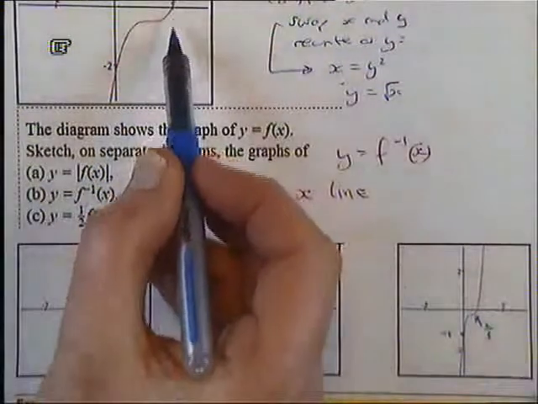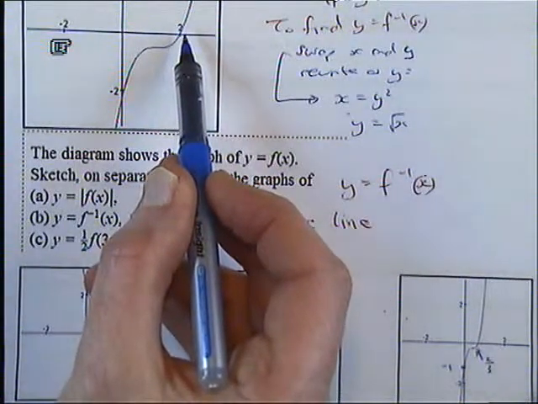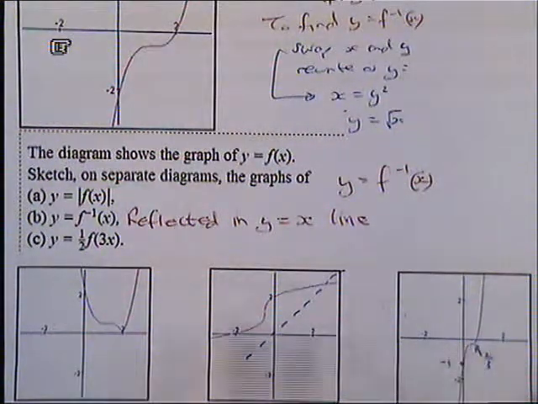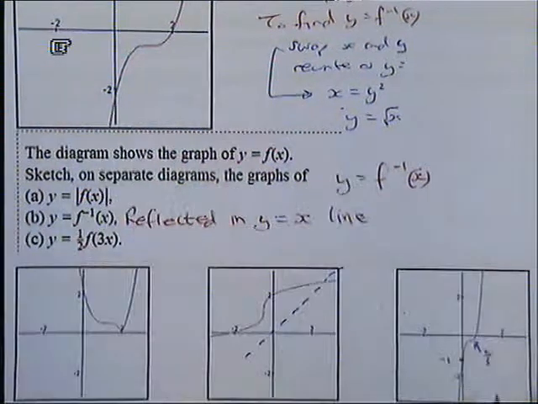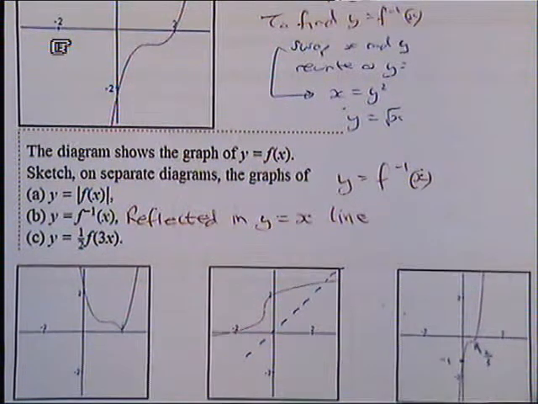So what used to occur at 2 across the x-axis now happens at a third of 2, so that now happens at 2/3. And everything is now half the height. So instead of crossing here at -2, it will now cross at -1. Often they will ask you to give the coordinates of points where it crosses axes and things like that.